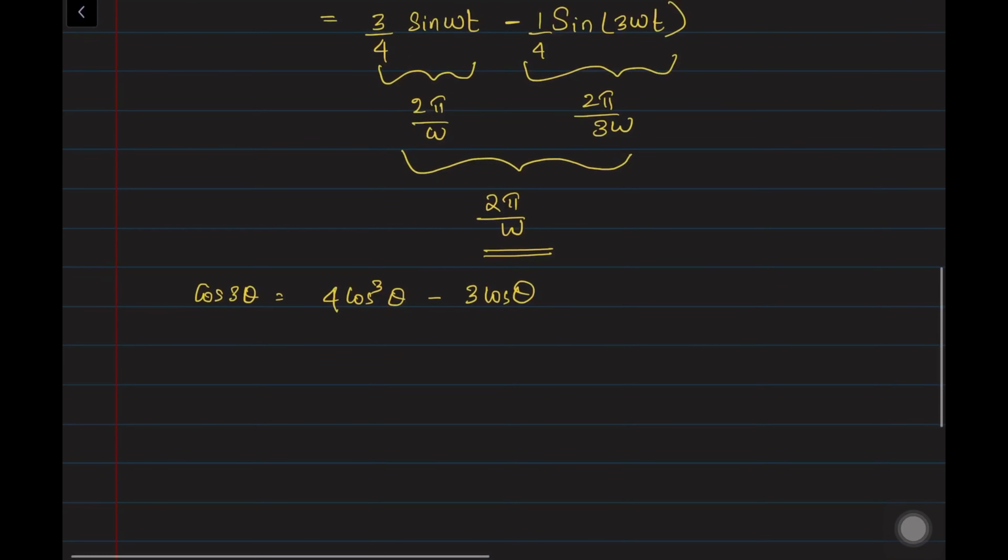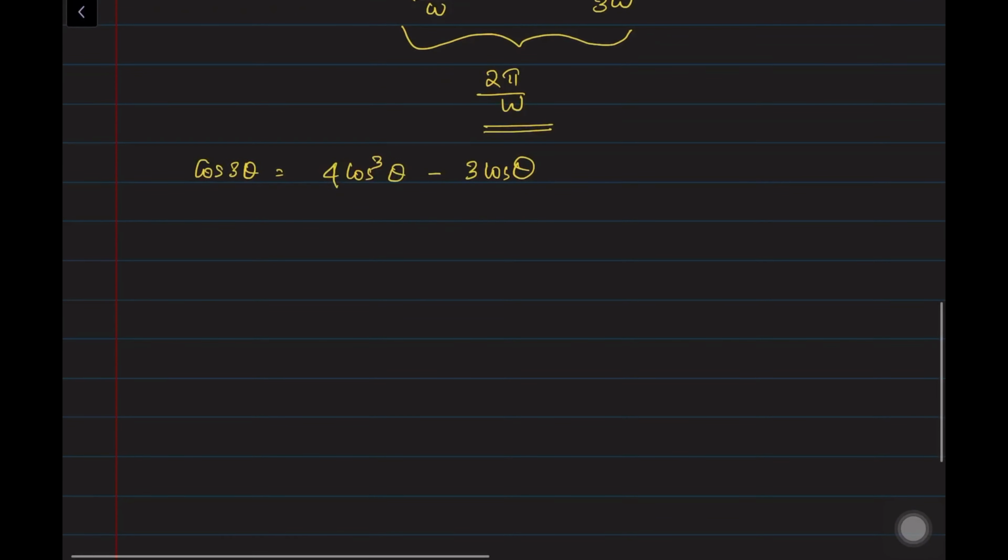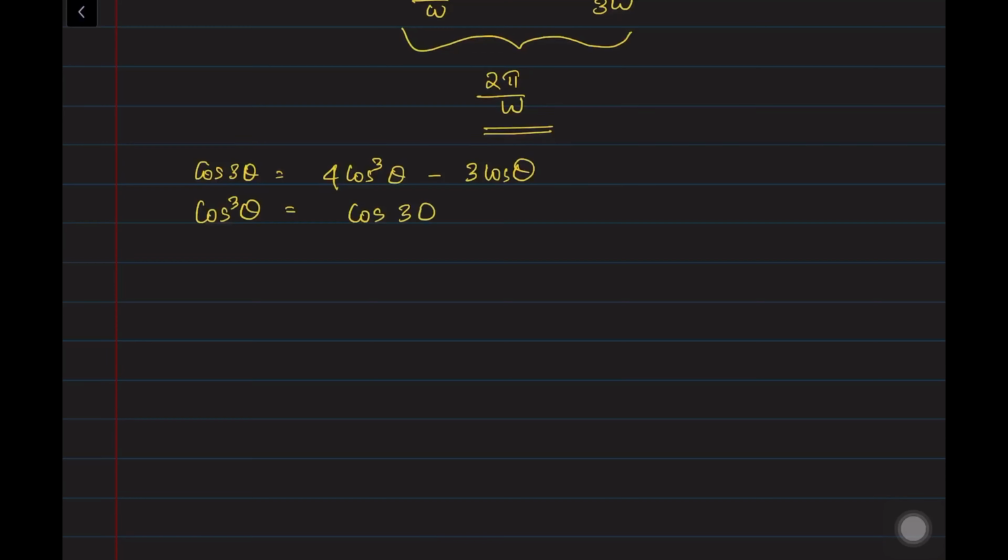Here it is 4 cos cube theta minus 3 cos theta, and from which you can calculate cos cube theta. It will be equal to cos 3 theta plus 3 cos theta whole divided by 4, and it also will be having a common period of 2 pi by omega once you solve it out.